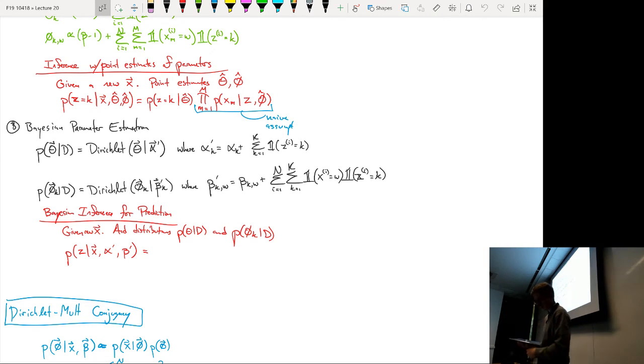Well, we would find that this distribution, p of z given x, is obtained by marginalizing over all the possible values of theta and phi for the joint distribution, p of z given x, theta, phi.